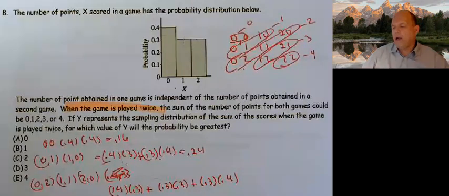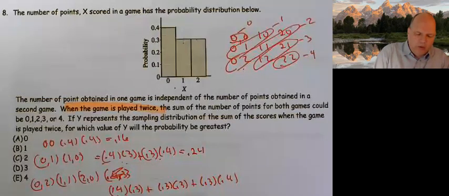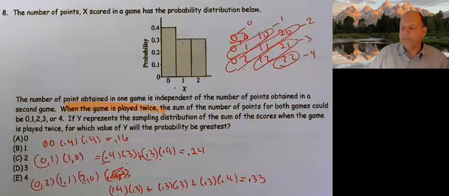And when I multiply all that out, this is going to be 0.24 plus 0.09 equals 0.33.